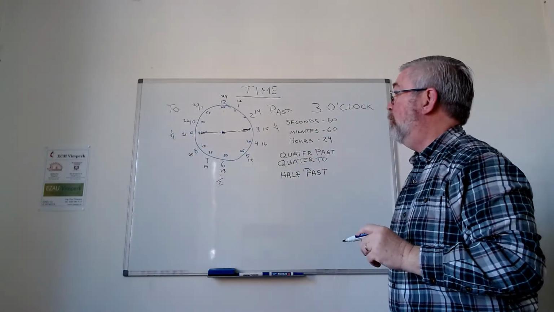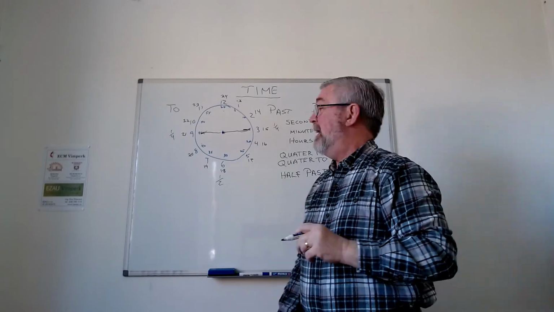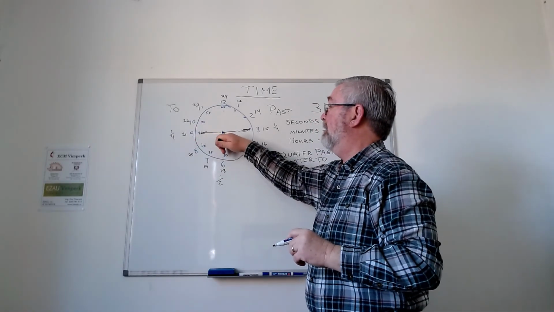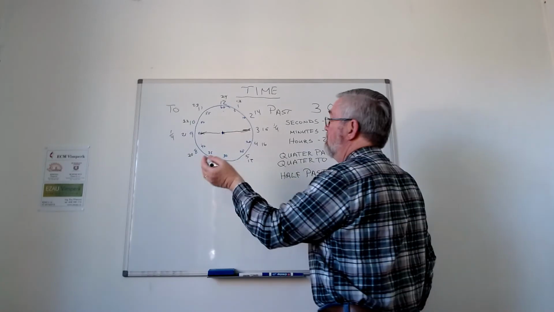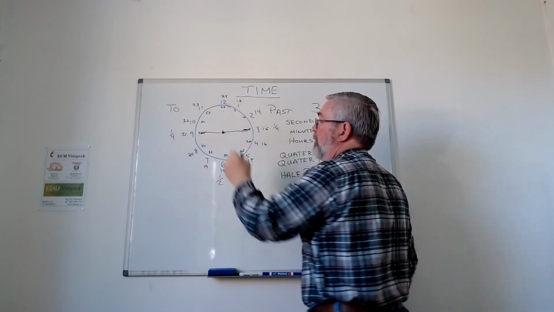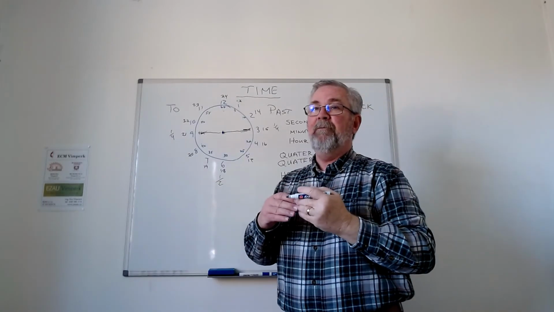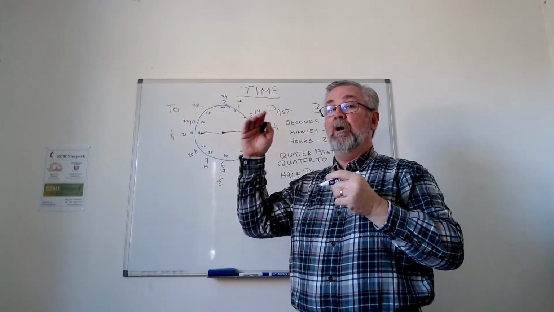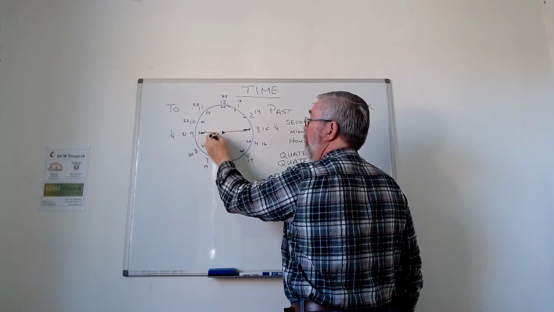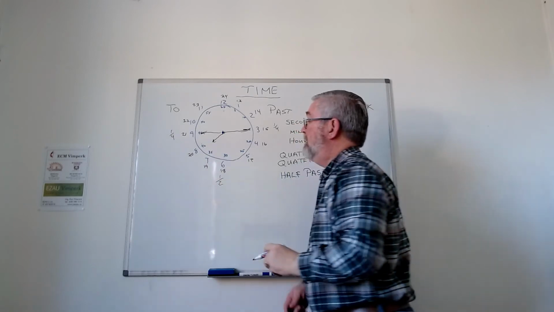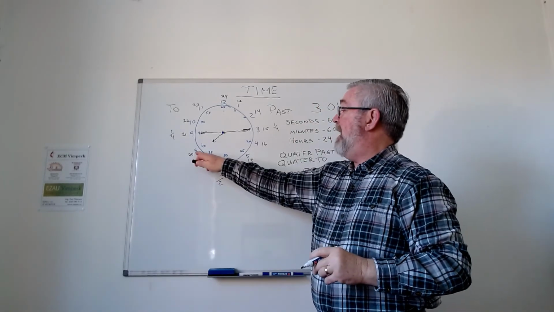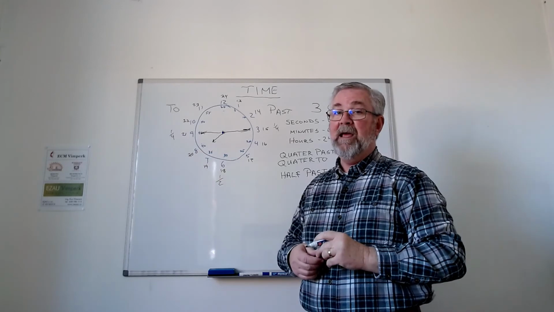Right? So when you look at a clock and it has the big hand at the 9, the little hand is approaching one of these numbers, you will always refer to the next number up. So 1/4 to, for example, what's the next number up? 8. 1/4 to 8. It's almost at the 8.